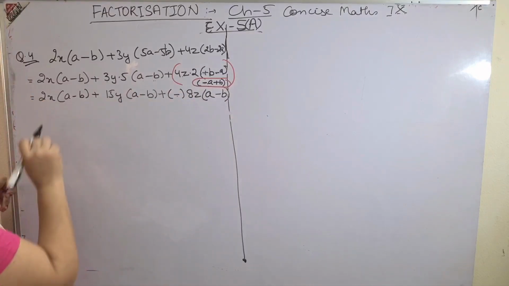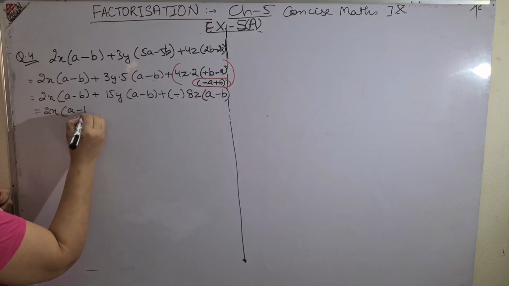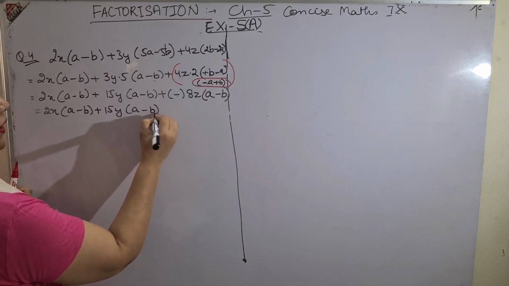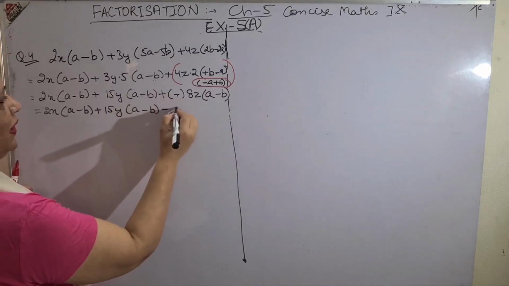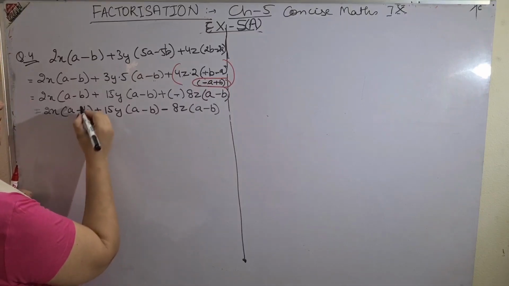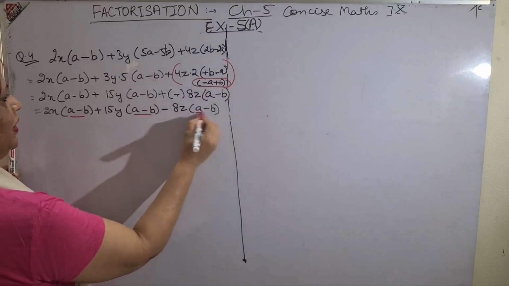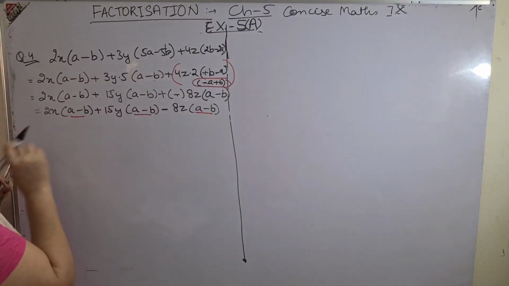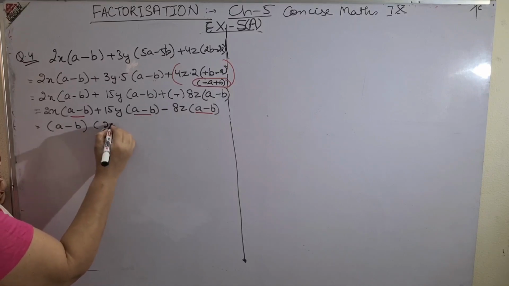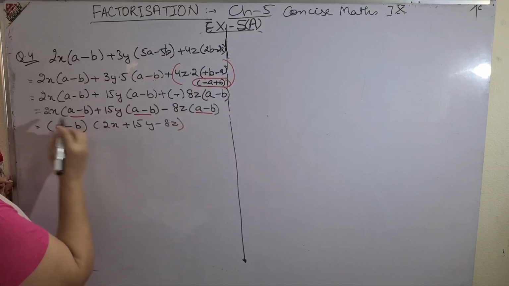Now again, 2x(a minus b) plus 15y(a minus b) minus plus into minus is minus, 8z(a minus b). Now all the 3 terms have one factor common, a minus b, a minus b, a minus b. This is the way of doing it. In fact, it is the technique of doing it. I have not used any formula here, only the technique.